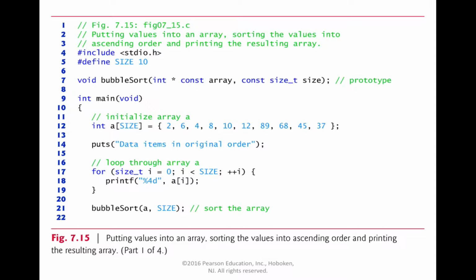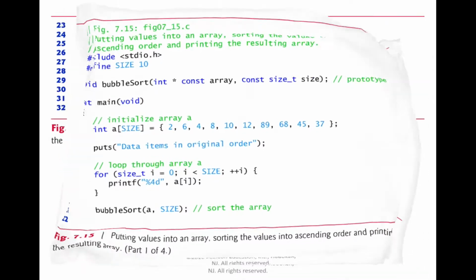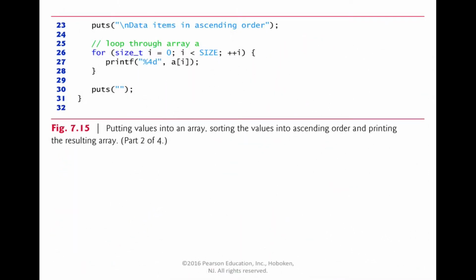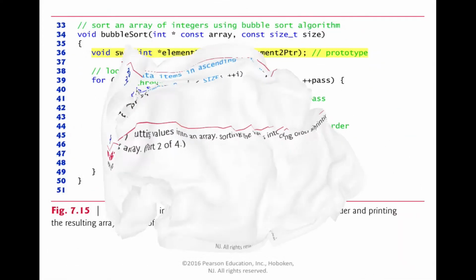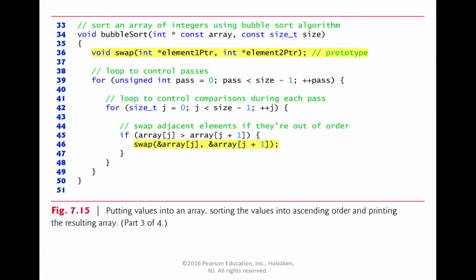We are going to print them out in original order. We are then going to call bubbleSort. We are going to let everybody know we're printing out those items in ascending order, and then we're going to print out the array, and then finally just a blank line. If we look at bubbleSort, you can see that inside bubbleSort we have a prototype for a swap function.